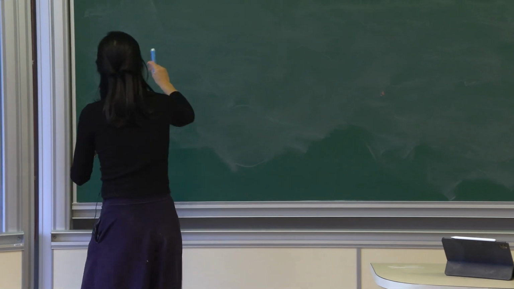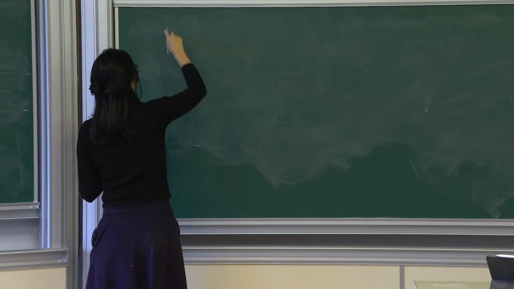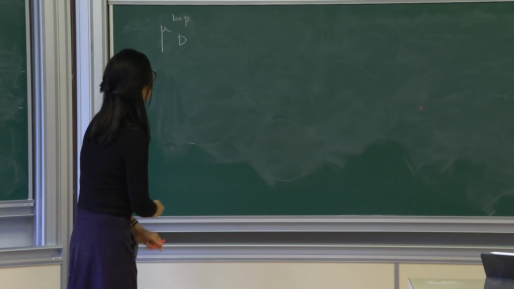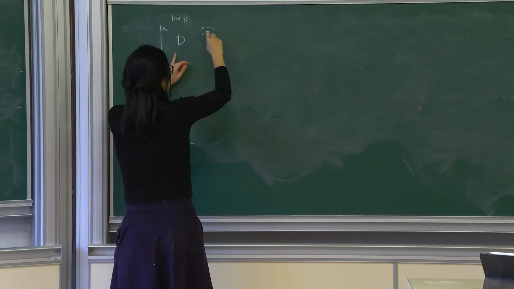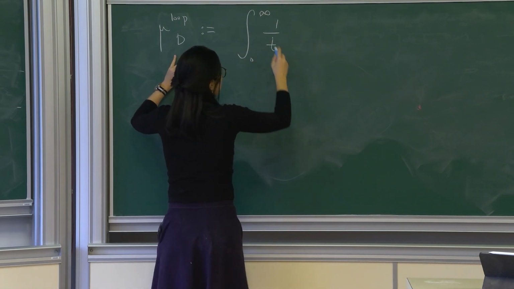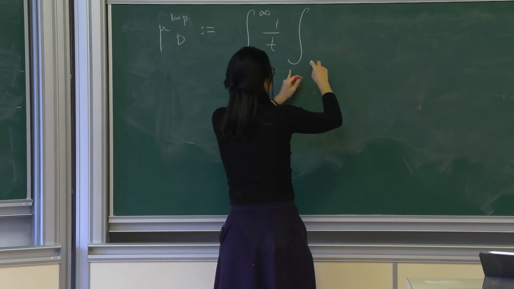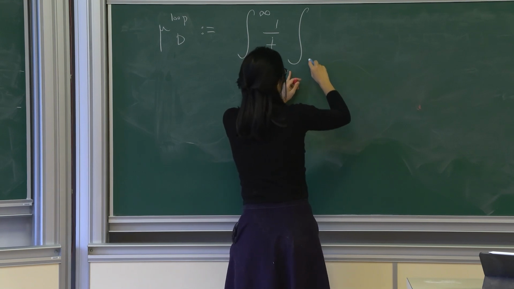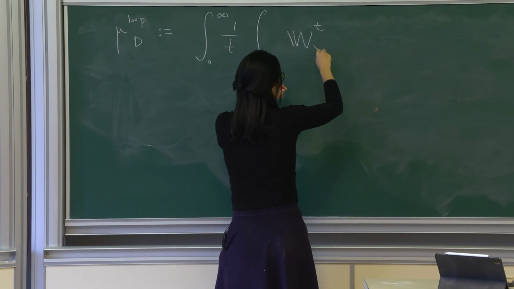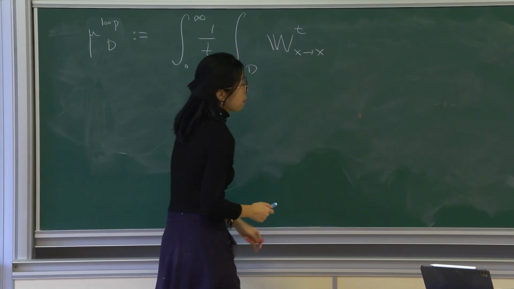All right, the Brownian loop measure inside domain D. This is defined as the integral of 1 over t, integral over domain D. Now I'm just looking at the space of loops from x to x.